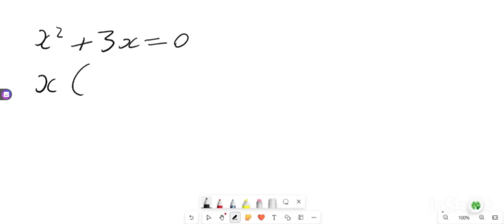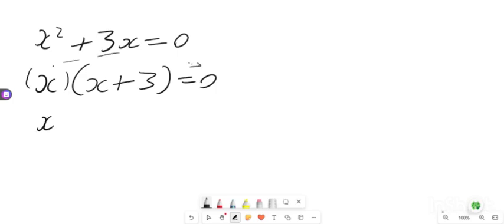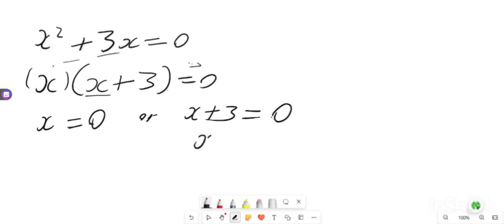Keep x, then what remains from x squared is x, plus keep x from the 3x, and what remains is 3, equals 0. So x equals 0 or x plus 3 equals 0. Therefore x equals minus 3. Very simple.